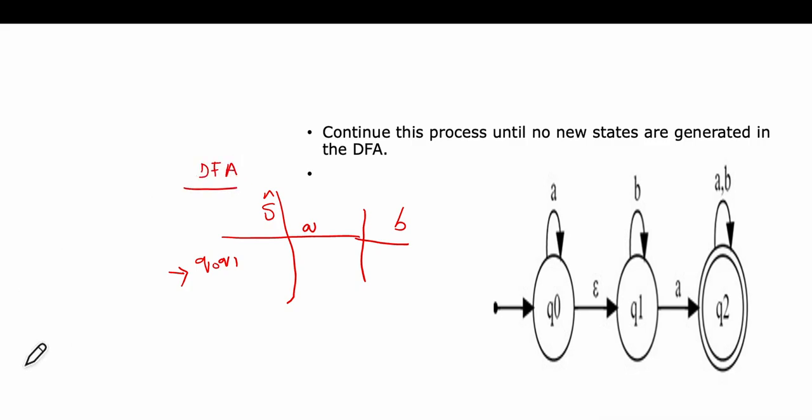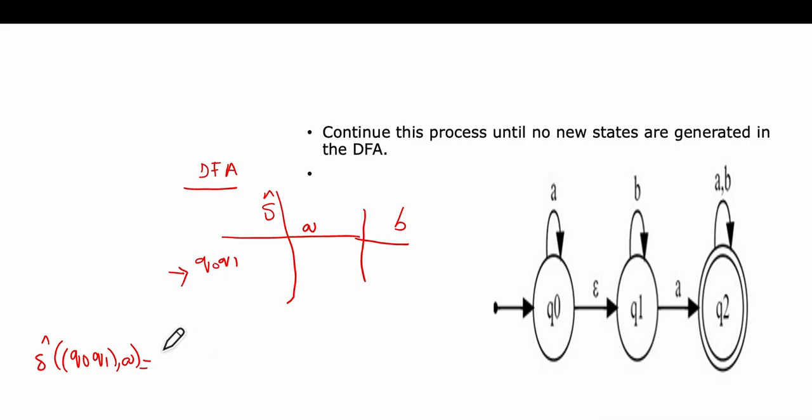Now, how are we going to do the transition here? We write delta cap, which is the DFA, of Q0 Q1 on A. The only difference comes in the transition, which we get by applying the same conversion we used from NFA with epsilon to NFA.